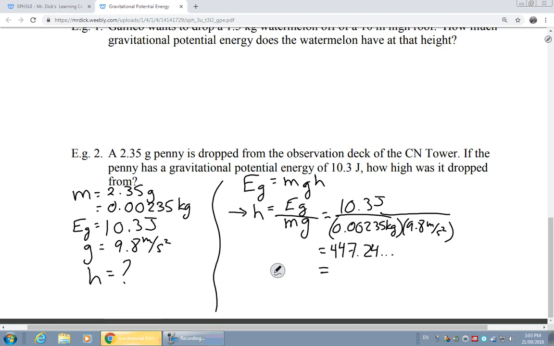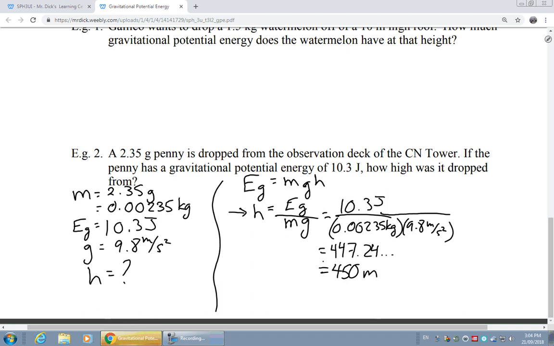But we are going to say that it's approximately 450 meters. And again, a final therefore statement would be expected on a test or an assignment, just to state that therefore the penny was dropped from a height of approximately 450 meters.